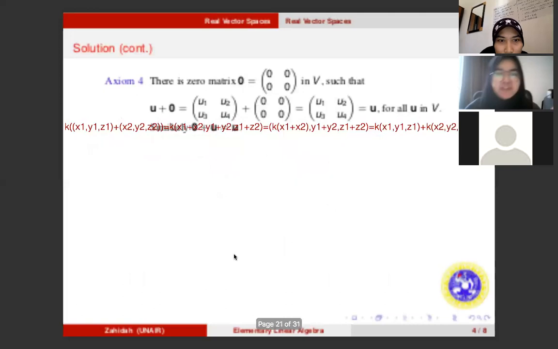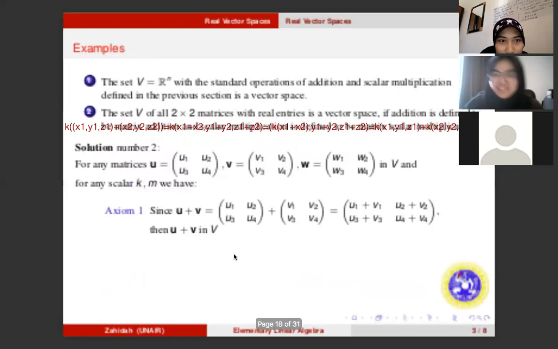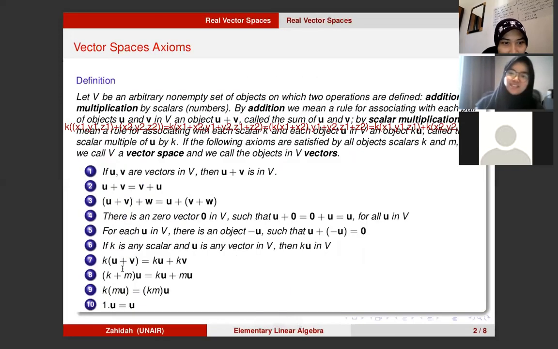Maybe we just don't know how to do. Wait, axiom 7, k times (u plus v), right? This one, k times (u plus v) equals ku plus kv. In this case, wait, because I thought it becomes k x, comma, y. (x1, y1, z1), this is our u.